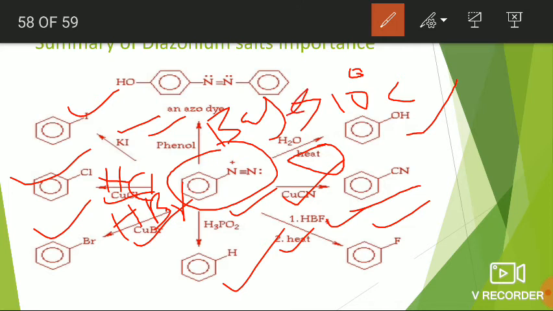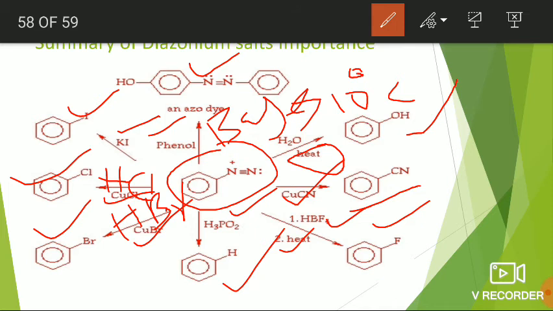Base may be sodium hydroxide or potassium hydroxide, because here in the presence of base the less activating phenol molecules are converted into more activated phenoxide ion, which enables the coupling between the diazonium ion and phenoxide ion to produce the corresponding coupling product. All the coupling products generally have a specific color, so we get colored compounds. These colored compounds are generally known as dyes.